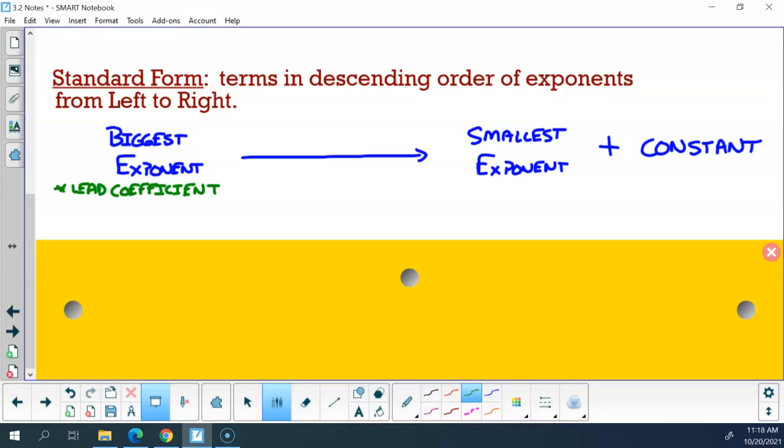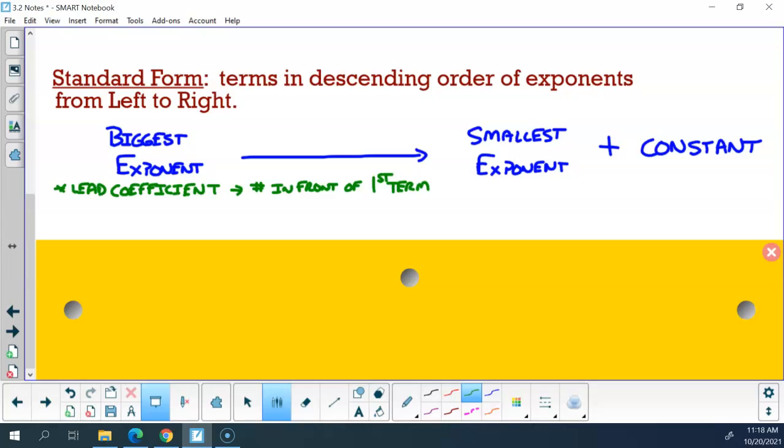It is going to be the number in front of that term. When it's written in standard form, the lead coefficient is the number in front of the first term.